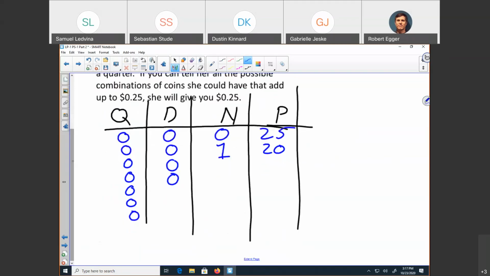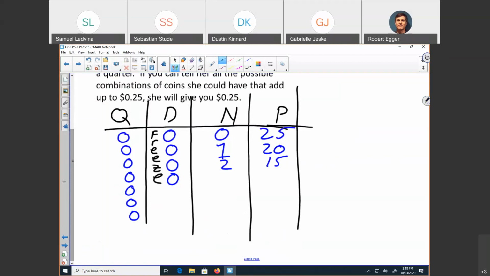All right, let's get ourselves another nickel. So we decrement the pennies down by another 5. All the while, I'm going to hold my dimes at 0.